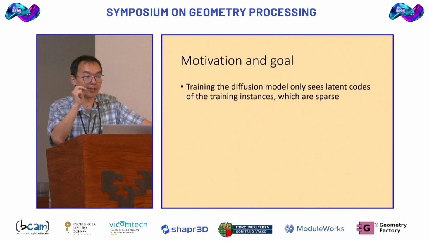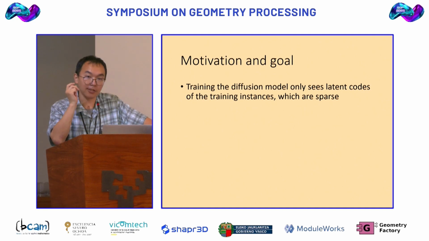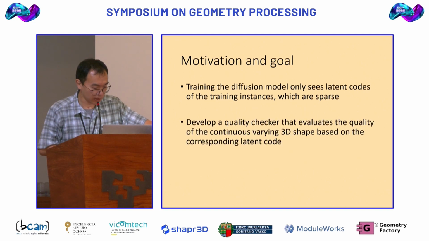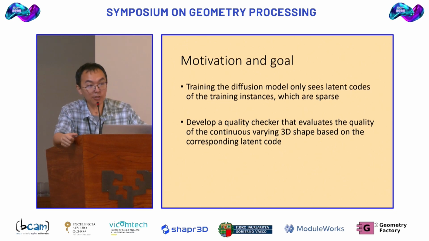You can generalize this idea. You can assess whether this shape is physically stable or not, whether humans can easily interact with the shape. You can define anything. So you can generalize this idea to a quality checker, which is a continuous function of any latent code. Essentially, the latent codes of the training shapes are discrete, very sparse.